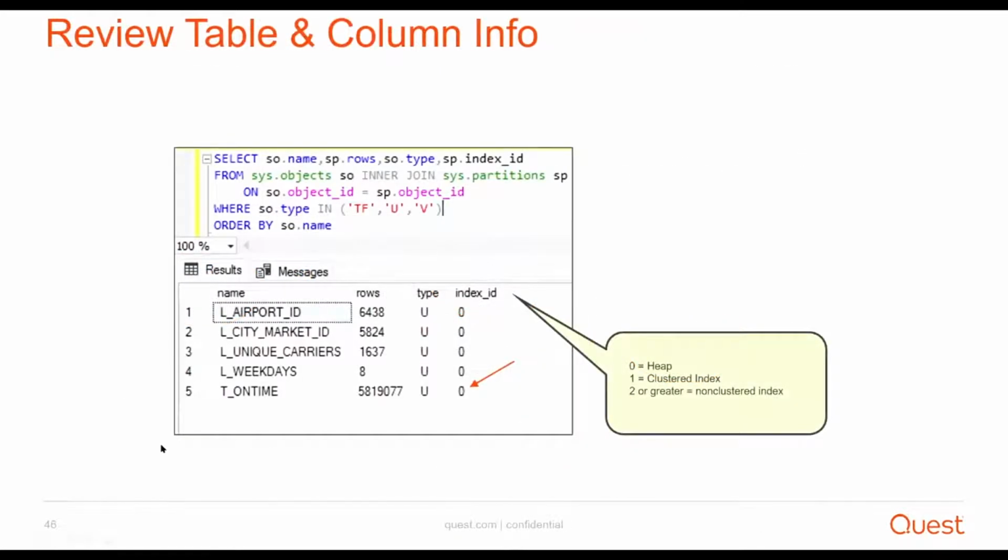When I went to look at the table and column info, if you look at objects and join them on sys.partitions, you can see whether it's a table function, a user table, or a view. And if you look at index type, you can see the 0 is a heap. So I stupidly loaded these into SQL Server from Excel spreadsheets and didn't even look at adding indexes.